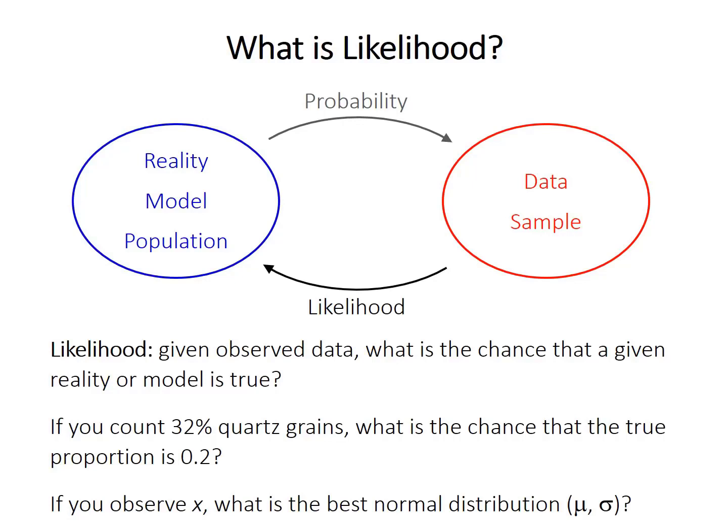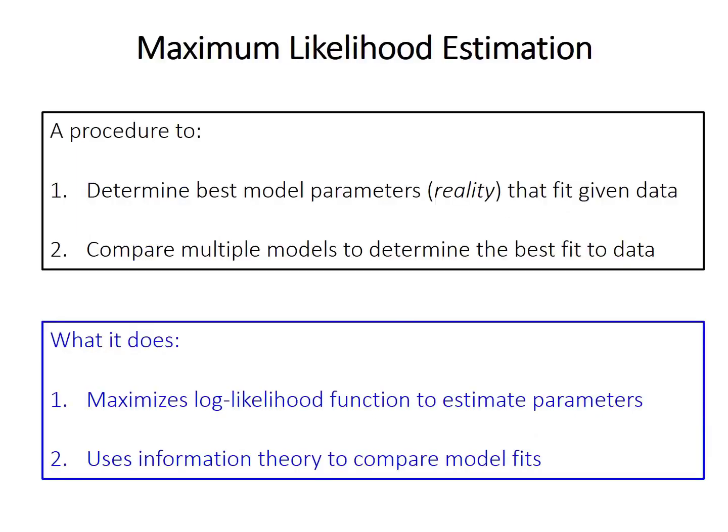So that's likelihood. Maximum likelihood estimation has two goals. First, it determines the best model parameters, the most likely reality that fits a given set of data. This is the likelihood part. We want to find the most likely parameters, the most likely reality or model for the given set of data.